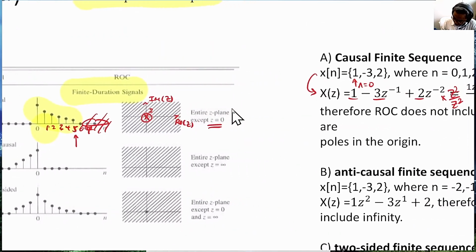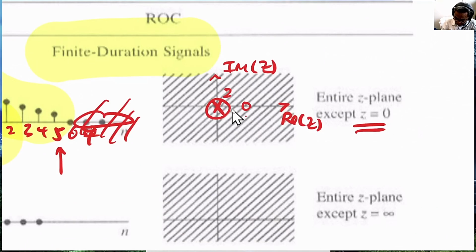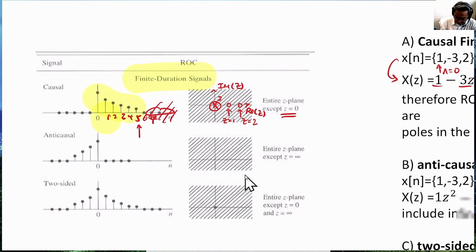And then we mark z equals 1 and z equals 2. So these two zeros, z equals 1 and z equals 2, are the zero locations. The star at the origin with a square is the pole location. The shaded region is the region of convergence for this first example.